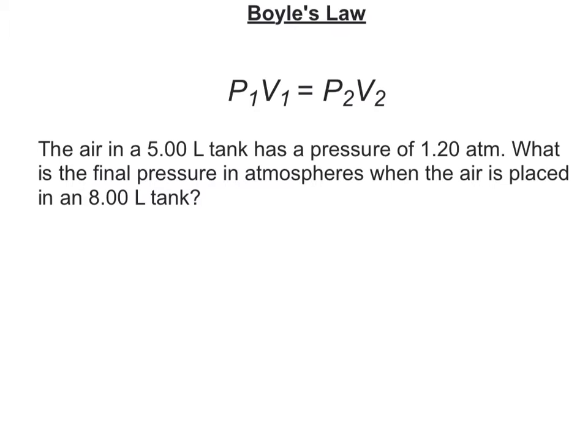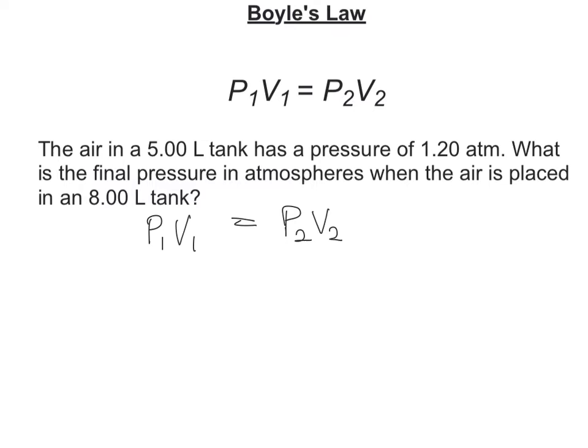So in this example, we are just talking about pressure and the volume changes. So we assume that the temperature and the amount of gas are kept constant. So P1 V1 is equal to P2 V2 according to Boyle's law.